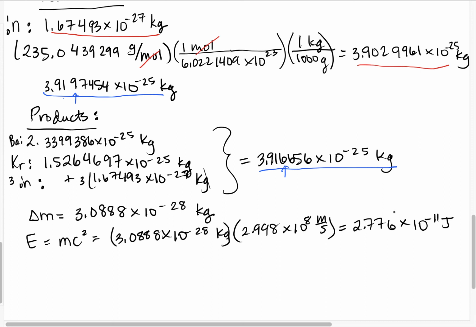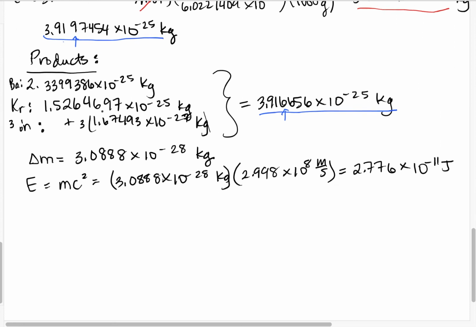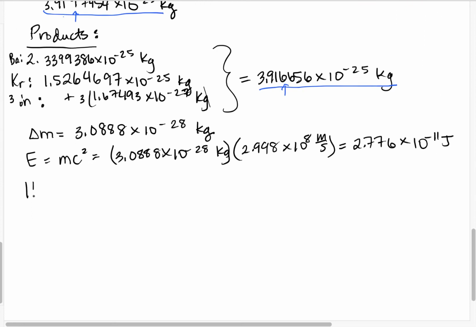So let's review very quickly what kind of a mass defect and energy we got last time. When we were looking at helium, it was an alpha particle, so our alpha particle versus 2 protons and 2 neutrons.